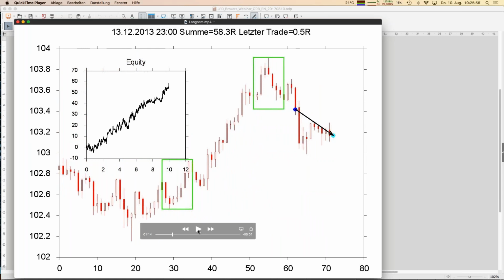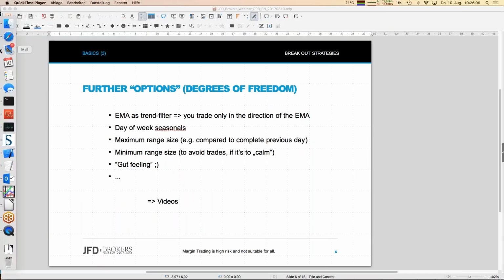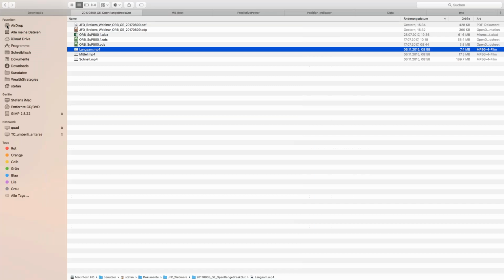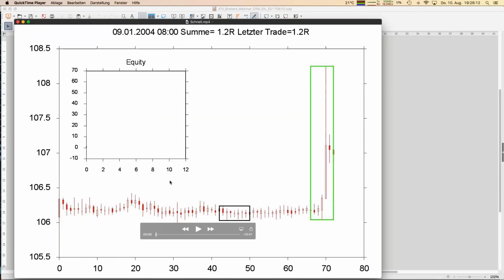And since you see how the strategy works in that video sequence here, let's have another view on the complete equity. But now we need a video which is running much faster. And I know that works. And now please concentrate on the inlet within that graph. That's the equity.